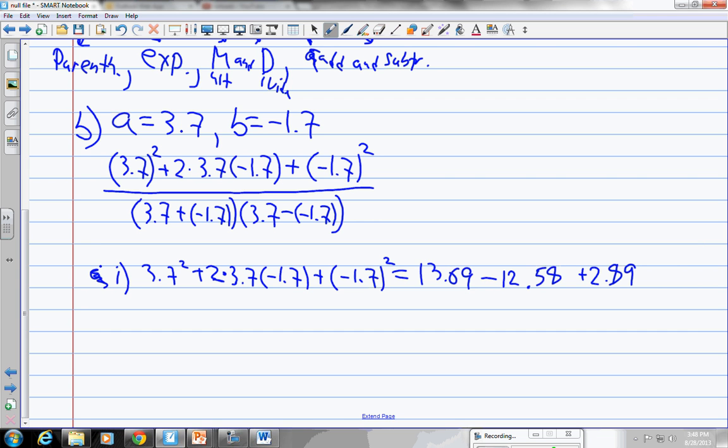If you actually do the math here, it comes out to be a pretty even 4. Because when you subtract these two, that's 1.11, and you add 1.11 to 2.89, that's 4. Okay, so the numerator is a pretty 4.